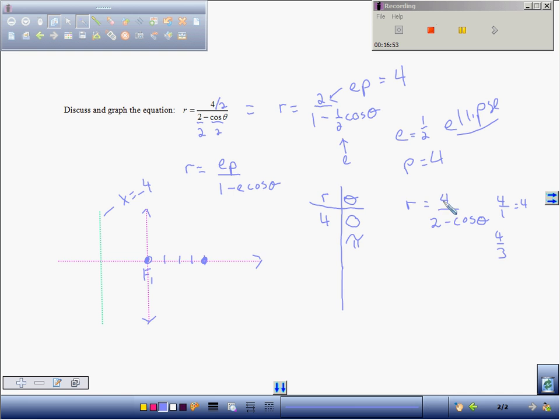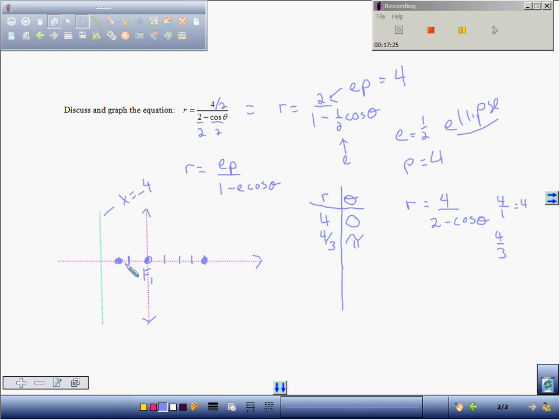Do you see where that comes from? That's -1, so it's 2 minus -1, which makes 3. So it's 4 over 3. So when I go to pi, I get out 4/3. Now the way that you graph that point is by going out 4/3, which is a little bit more than 1, 1 1/3, and then you rotate around, and so over here, if this is -1, then this is the other point that I'm talking about.